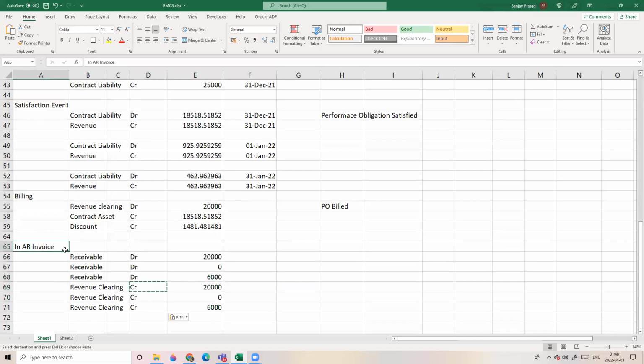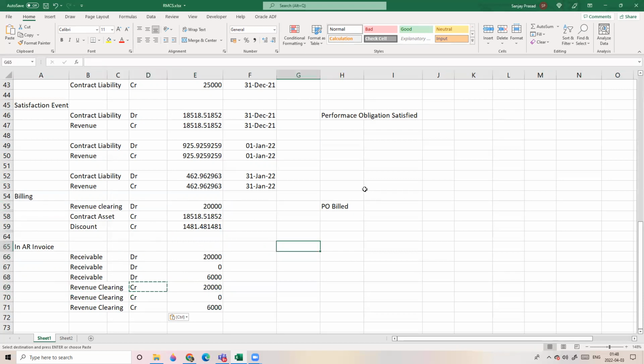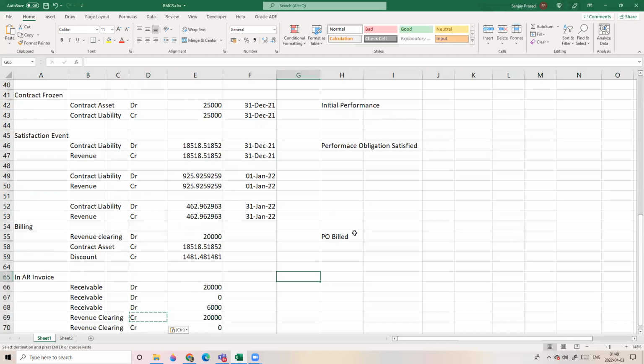Now, when this is interfaced to RMCS, revenue clearing will be debited by 20,000. By doing so, this will get nullified. Now, I recognize the revenue for this amount.